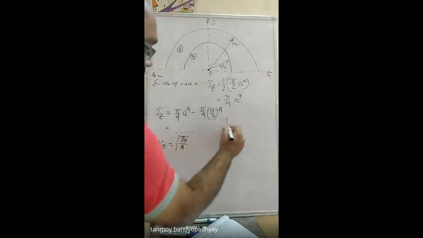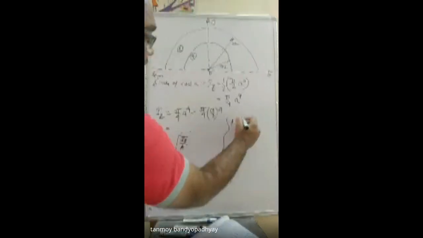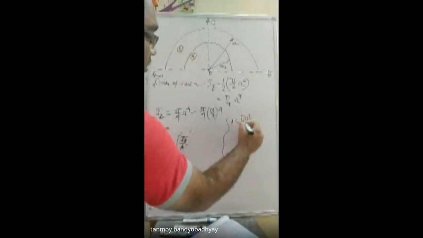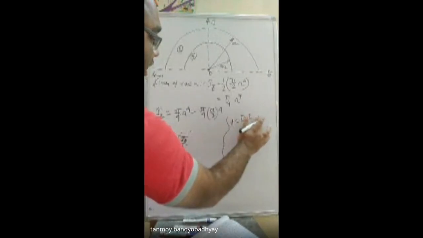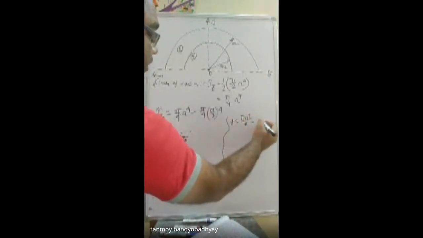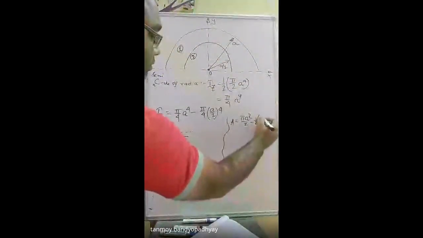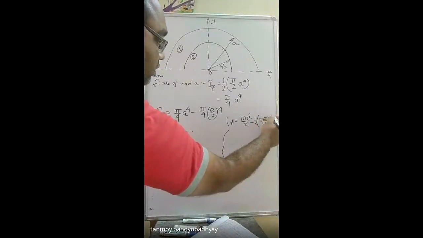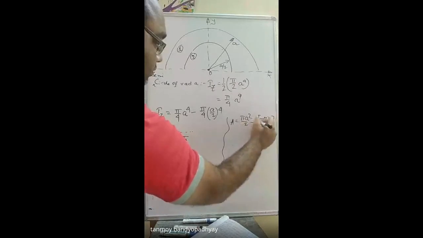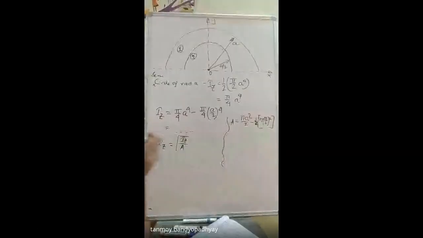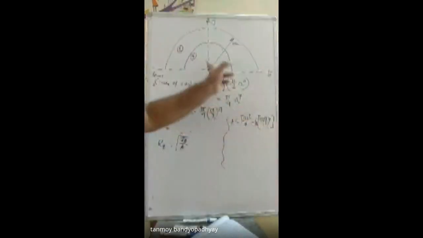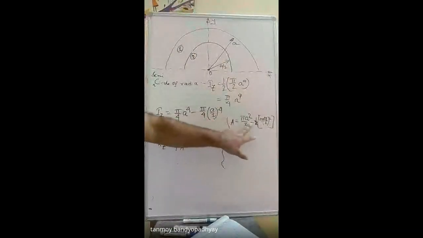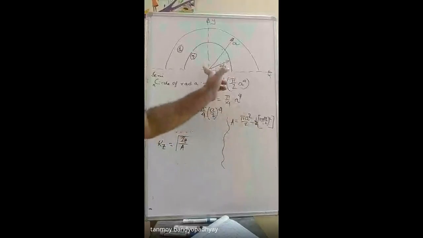So what will be the A? A will be the outside one, pi r square by 2 for the semicircle, minus again half of pi r square for the inner circle, where the area is pi into a by 2 squared, and half of that.